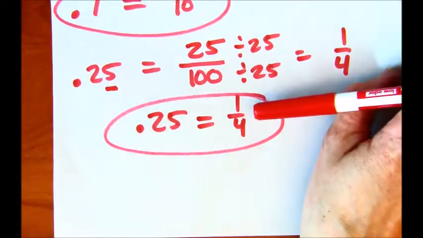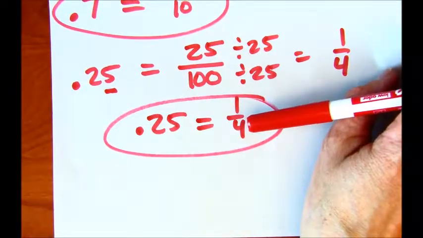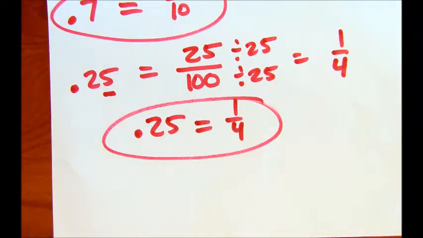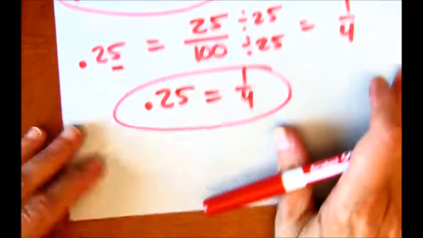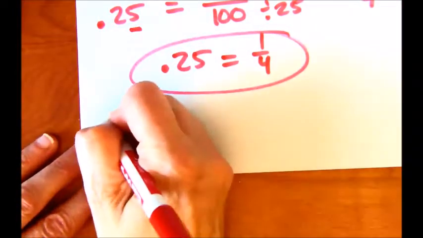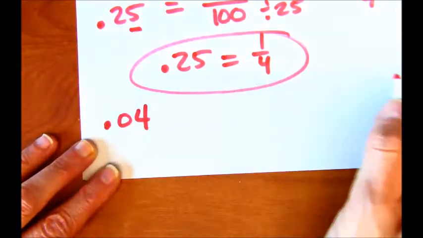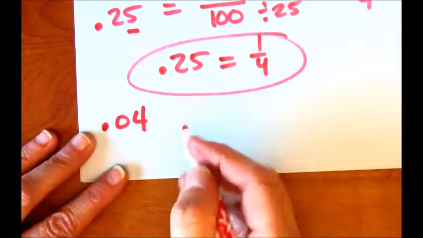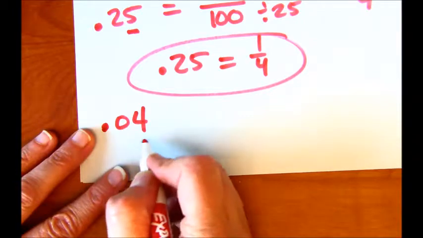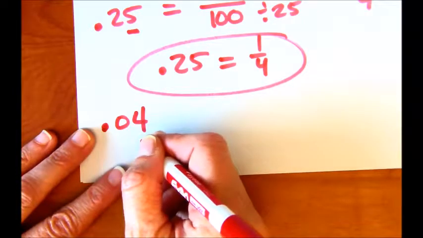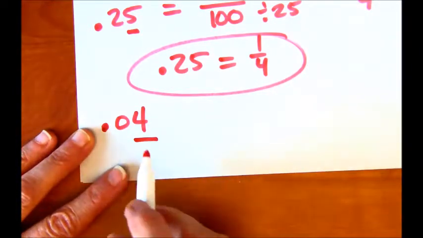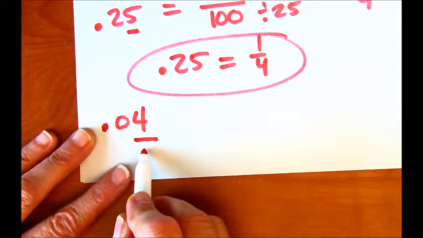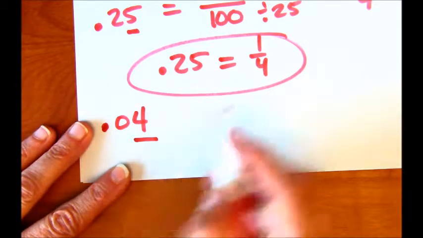And let's do a couple more just to kind of get the hang of it. Let's try this one where we have 0.04. Now notice we would say it as 4 hundredths because again the last digit is in the hundredths place, so 4 hundredths.